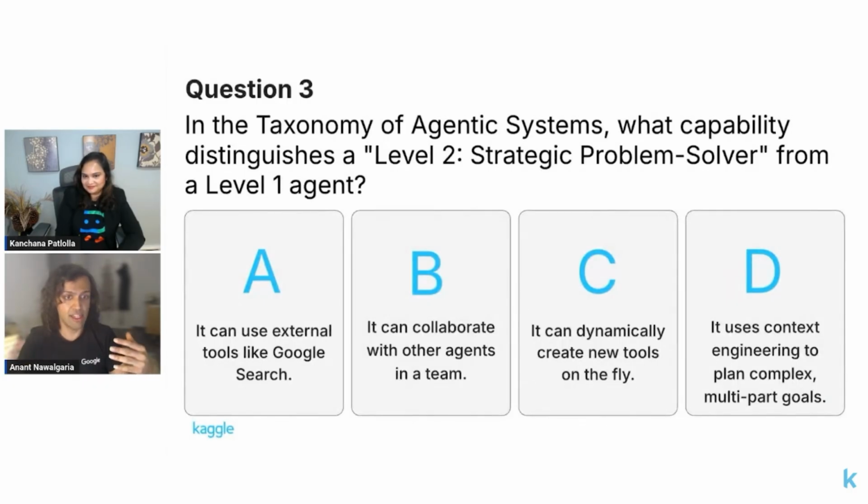Or B, that level 2 agents can collaborate with other agents in a team. Or is it C, that they can dynamically create new tools on the fly? Or is it D, that they use context engineering to plan complex multi-part goals?